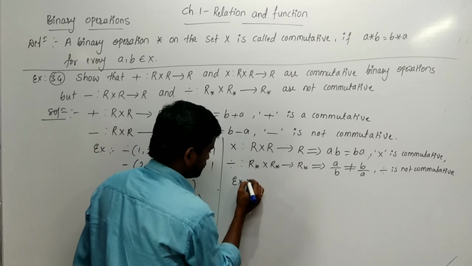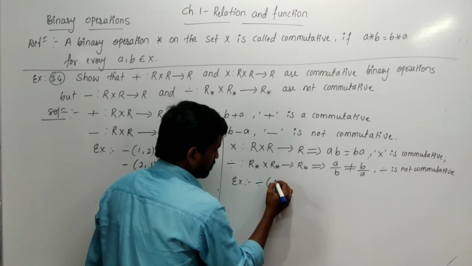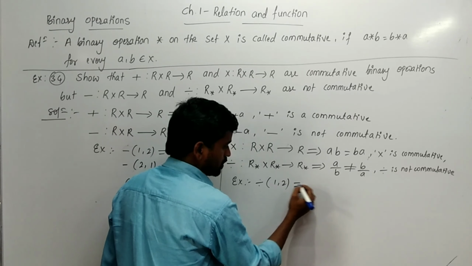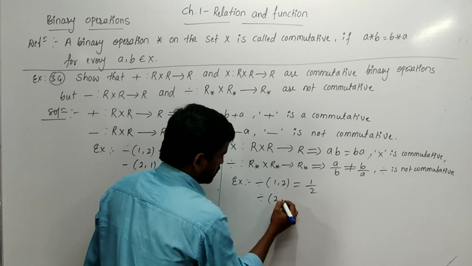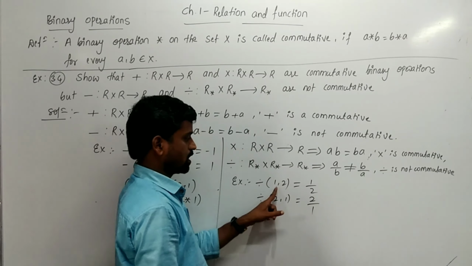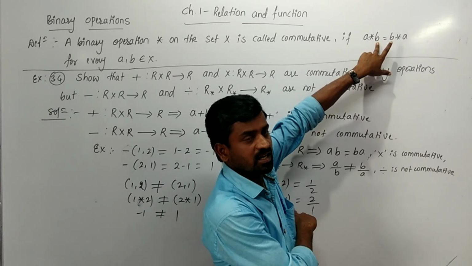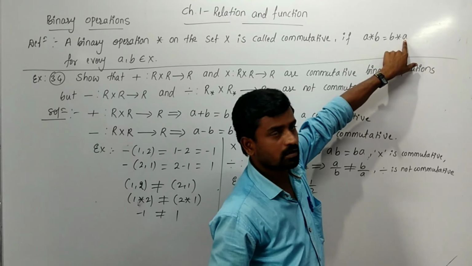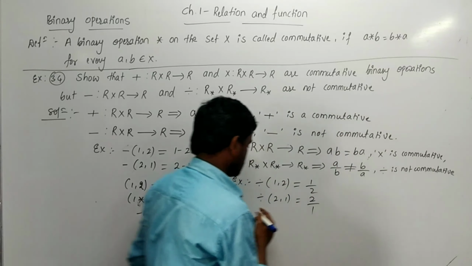Example. Division on 1, 2 is 1 by 2. Division on 2, 1 is 2 by 1. 1, 2 is nothing but 1 star 2, where the operation is division.